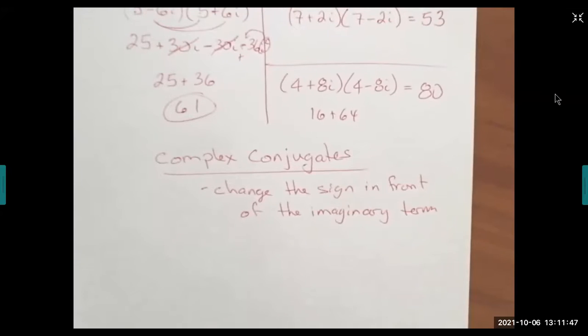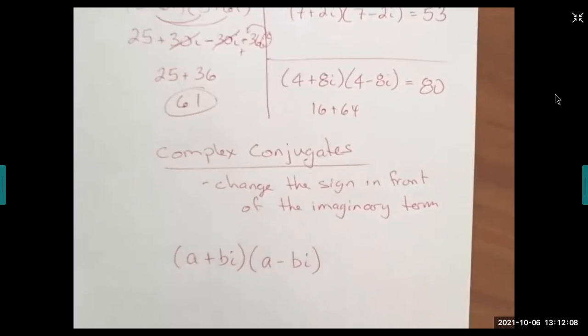The signs have to be different. The numbers are the same, signs are different. This is what you have: a plus bi times a minus bi.